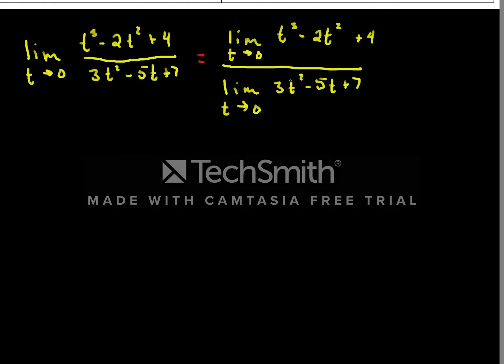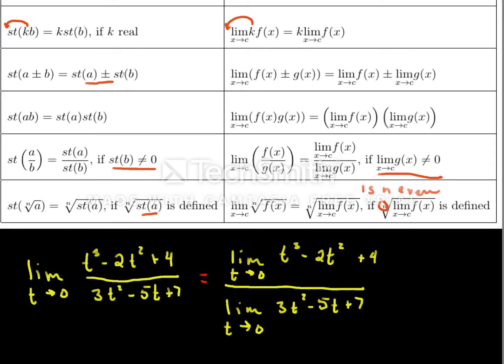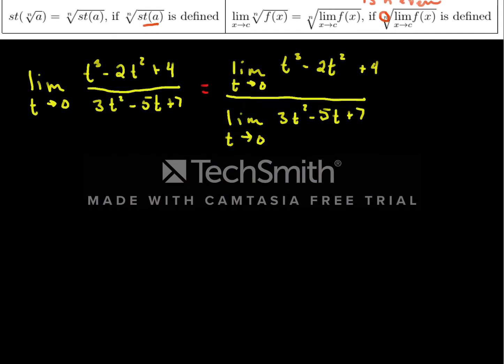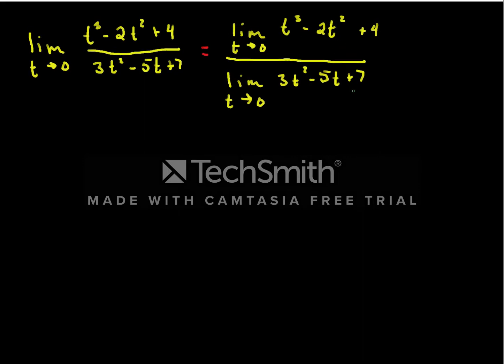And now the limit distributes across addition and subtraction, and for the sake of your time, I'm not going to rewrite this out and break it up into 6 different limits, but just ask ourselves a question. Well, as t gets infinitely close to 0, this function right here, t cubed, is going to, in the limit, go to 0.